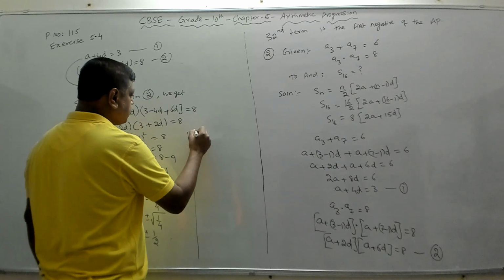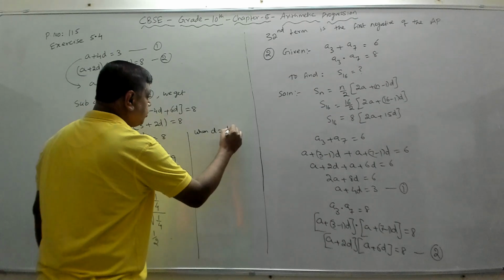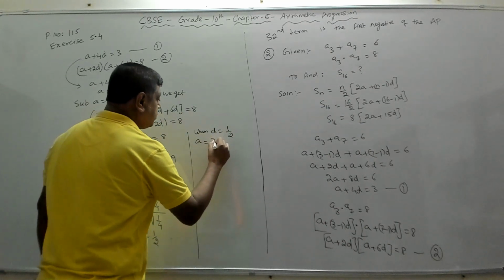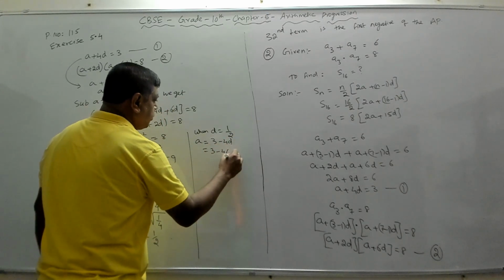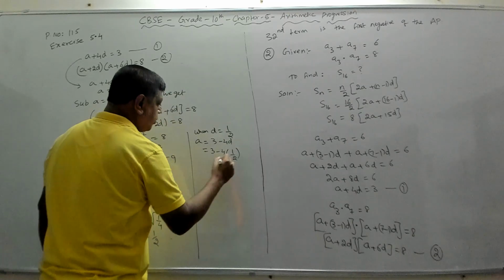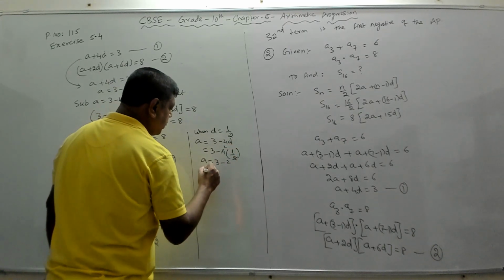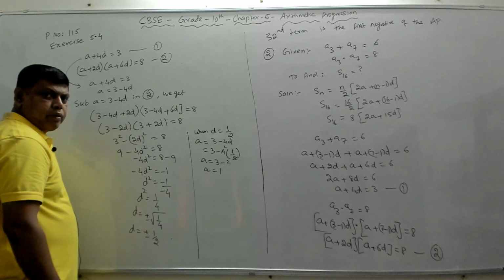So a is what? When d is equal to plus 1 by 2, what is our a? A is 3 minus 4d. So that becomes 3 minus 4 into d. D is 1 by 2. So that becomes 3 minus, cancel 2, 3 minus 2. So here a becomes 1. When d is 1 by 2, a is 1. Right?